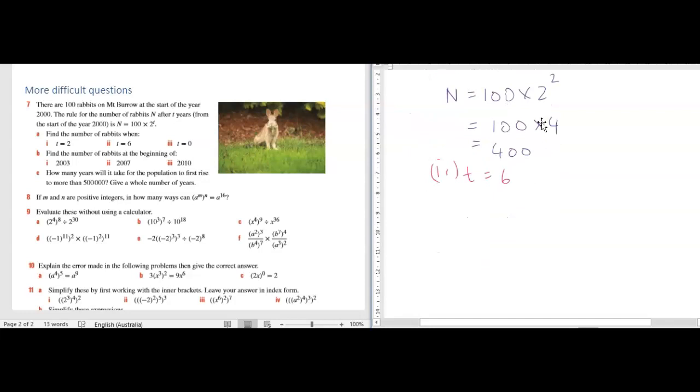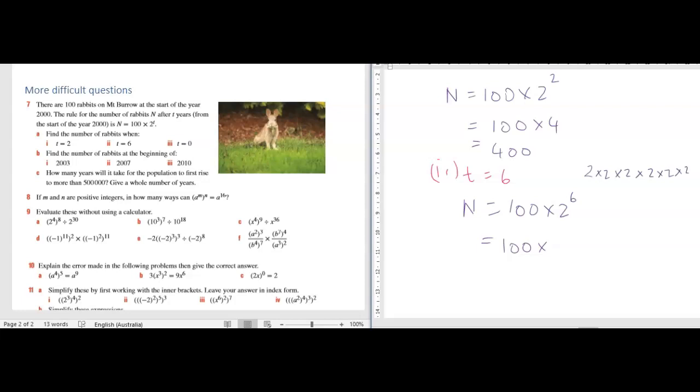The second part, we've got t equals 6. n equals 100 times 2 to the power of 6. If you think of it in expanded form, 2 to the power of 6 is 2 times 2 times 2 times 2 times 2 times 2.